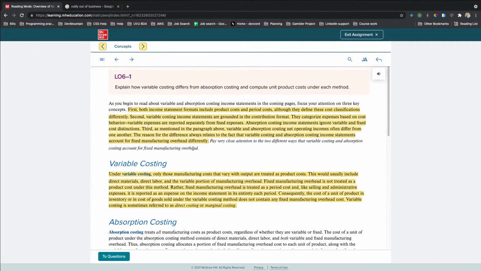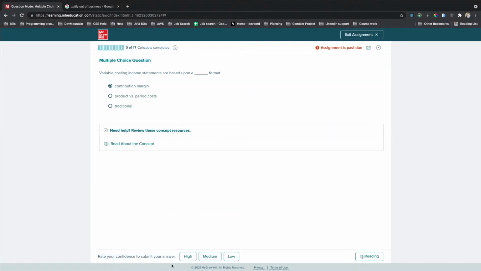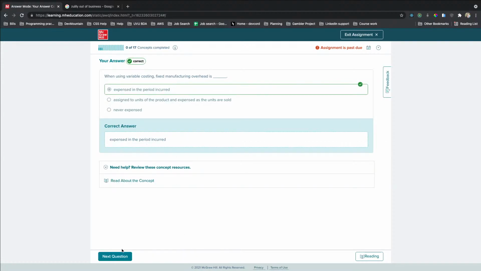Is it product versus... Yeah. Okay. When using variable costing, fixed manufacturing overhead is a period cost.